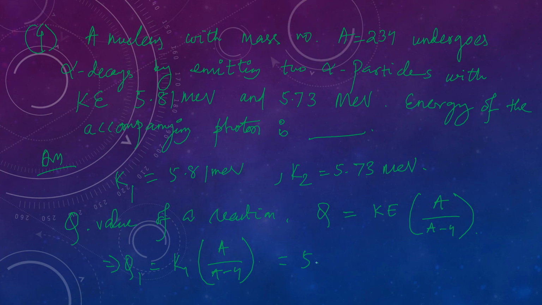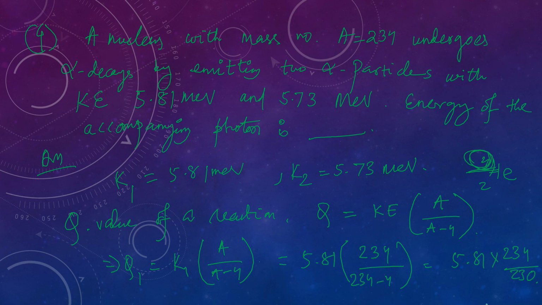K1 is 5.81, so 234 divided by, for alpha decay, He-4, so the mass number will decrease by 4. So 234 minus 4: 5.81 into 234 divided by 230.